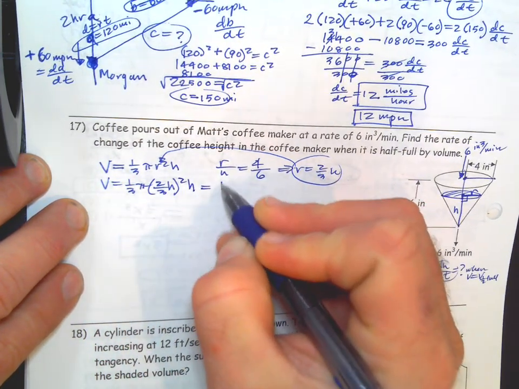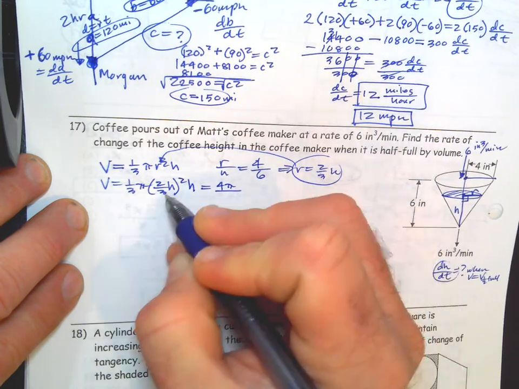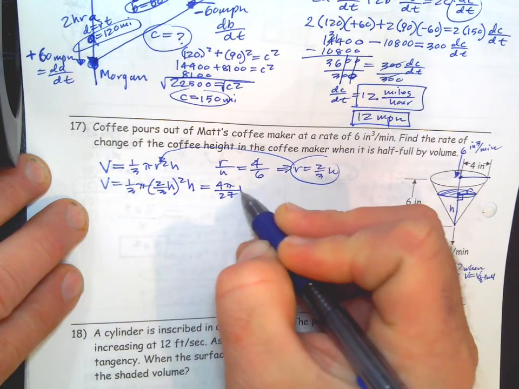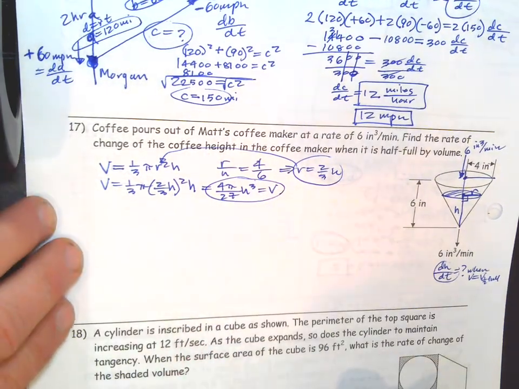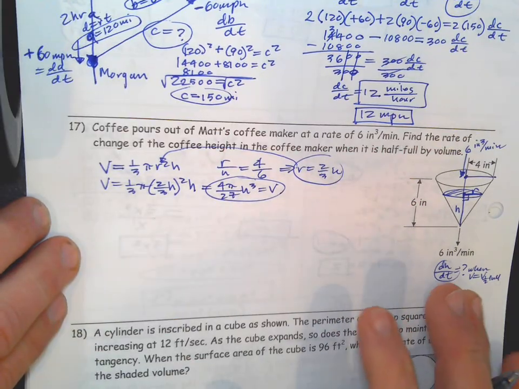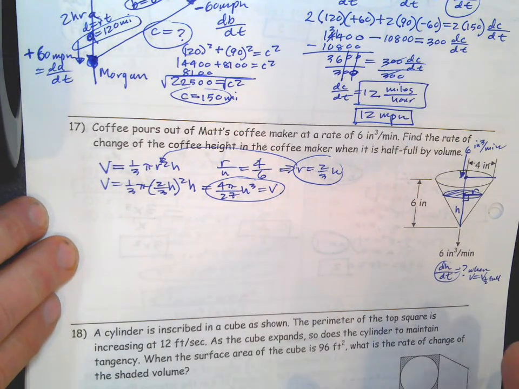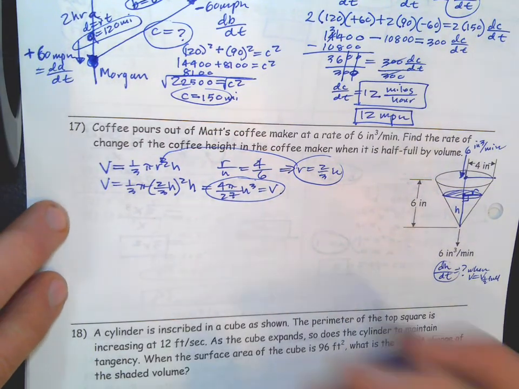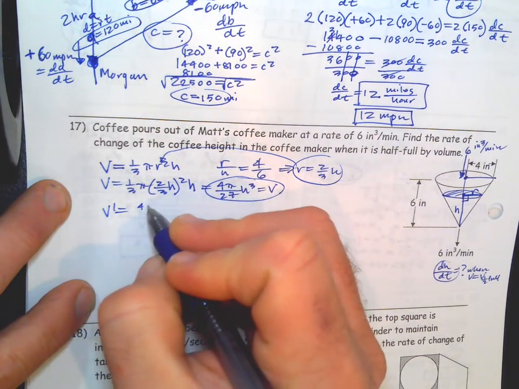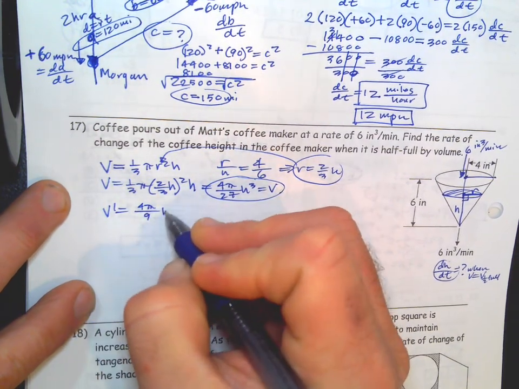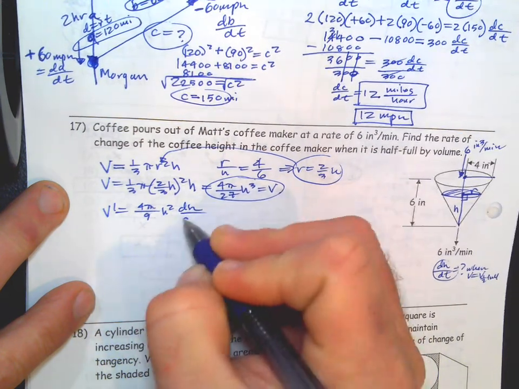So this is going to be 4 pi over 27 h cubed. This is the volume formula we want to use. It's easier to do that up front. You're going to have to do it eventually no matter what, but it's easier now because the derivative is going to be much easier. No product rule. It's going to be 4 pi over 9 h squared dH/dt.